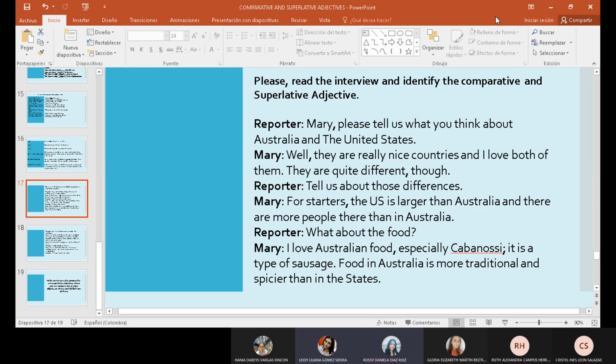For starters, the US is larger than Australia, and there are more people there than in Australia. What about the food? I love Australian food, especially cabanossi. It is a type of sausage. Food in Australia is more traditional and spicy than in the States.